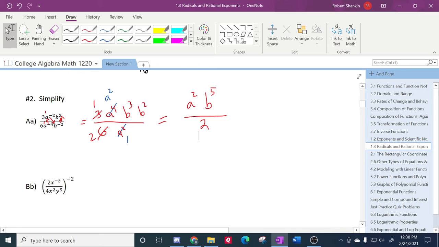In 2B, go ahead and do that. 30 more seconds.